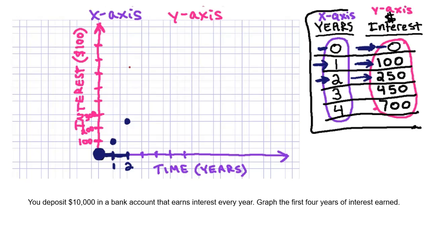Now let's look at our fourth set of numbers. We're on year 3 now. So that's going to be our x value. So year 3, we're going to count over from 0 to the right 3 increments. So here's going to be year 3. But we're not going to put our dot there. We're going to count up the y-axis to how much interest we earned, which up at the table, if you look, is $450.